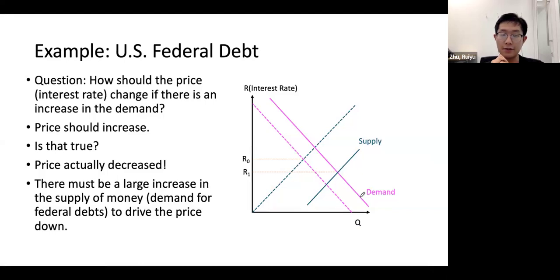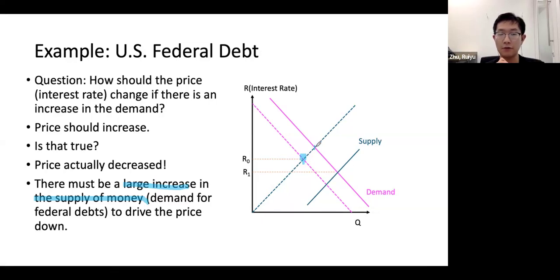The answer is that there must be a large increase in the supply at the same time to drive the price down, right? So we are in the initial equilibrium here. If there is no change in the supply side, only changes in the demand side, we must see an increase in price because the new equilibrium should be here, right?